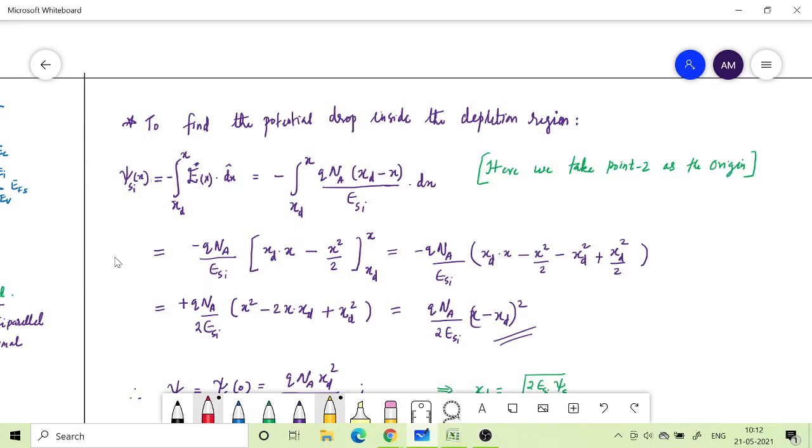So if I rearrange the terms and take the 2 outside, it will be x square minus 2x xd plus xd square. This I can write as (x minus xd) the whole square, right? (a minus b) square is a square minus 2ab plus b square. Same identity here, you can easily get it as this.